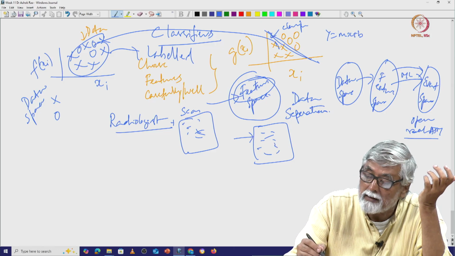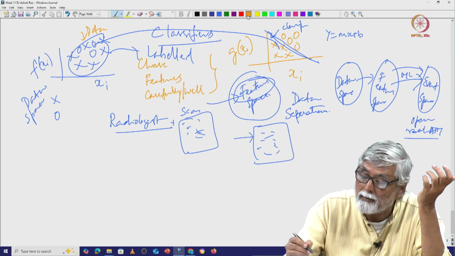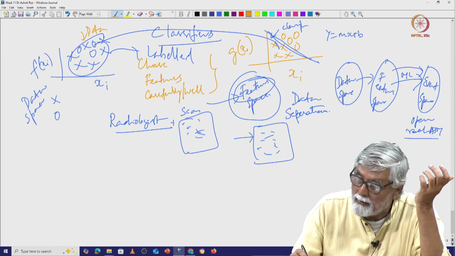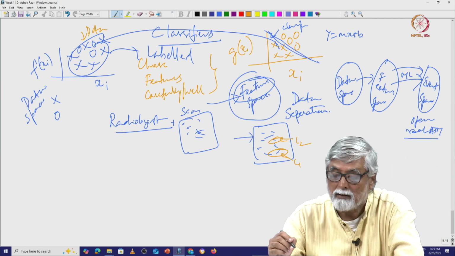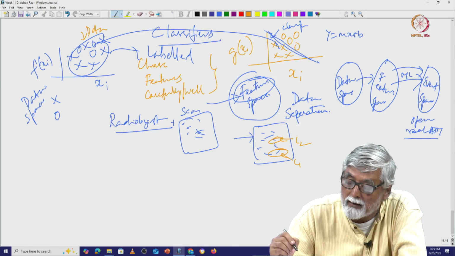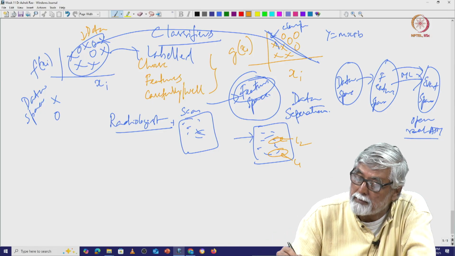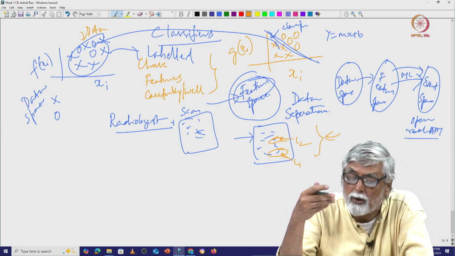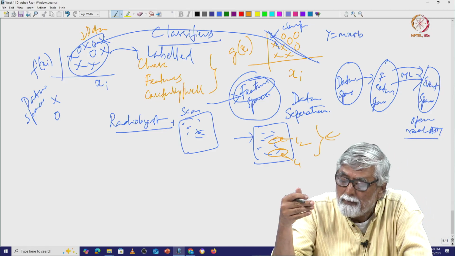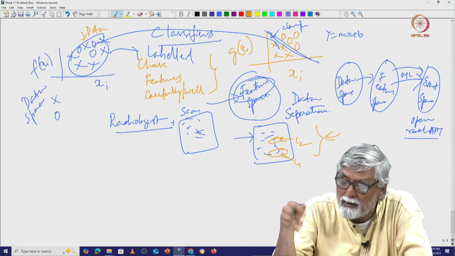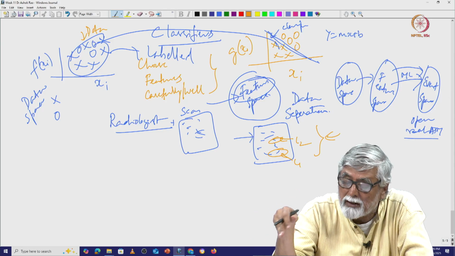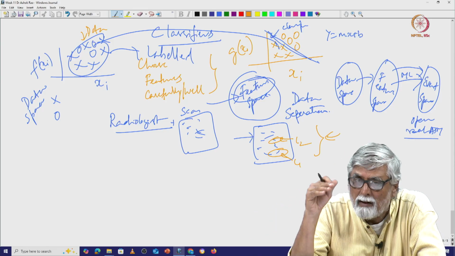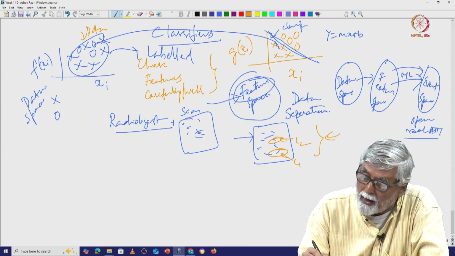It will all be like this, but he would probably circle at one or two places and then give some labels L1, L2. This is what a radiologist or a domain specific person does. It is exactly similar to what you do when you go for your motorbike or your car repair. That expert will check and say there is some problem with the carburetor. They are labeling the problem.